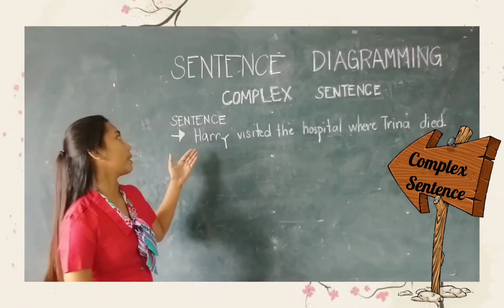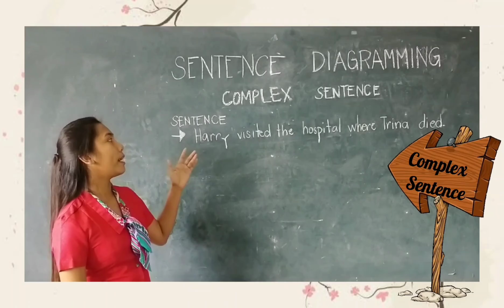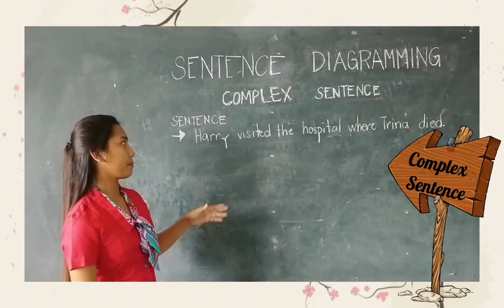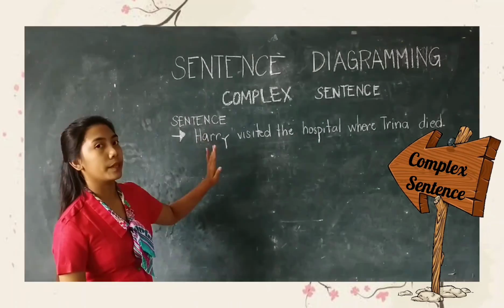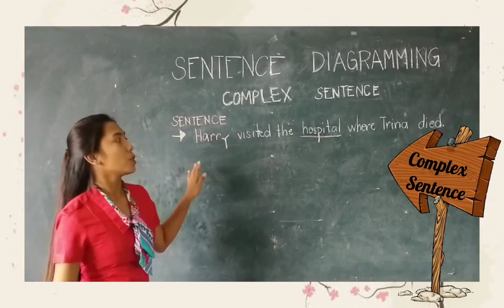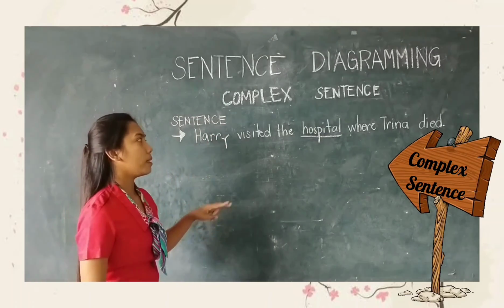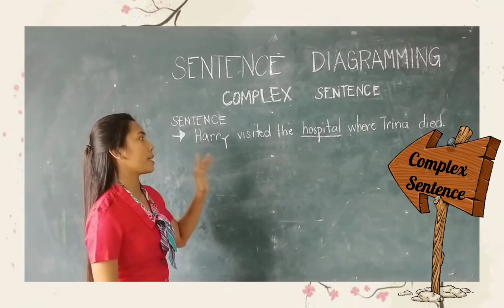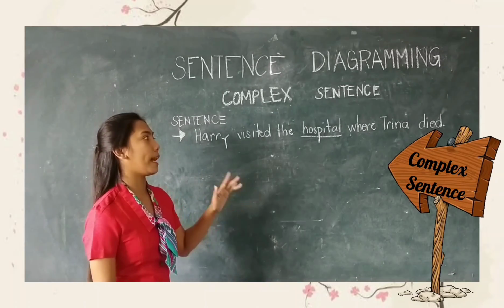So let us look at our example sentence. Harry visited the hospital where Trina died. So the object of the first clause is hospital. So what hospital or which hospital? Harry visited the hospital where Trina died.